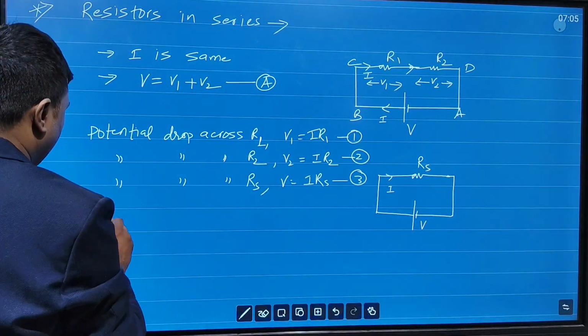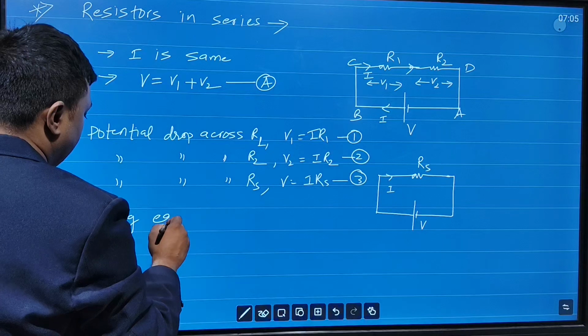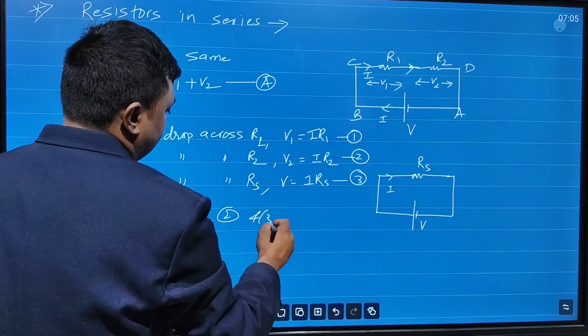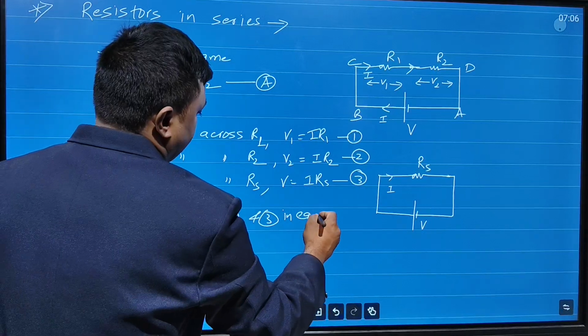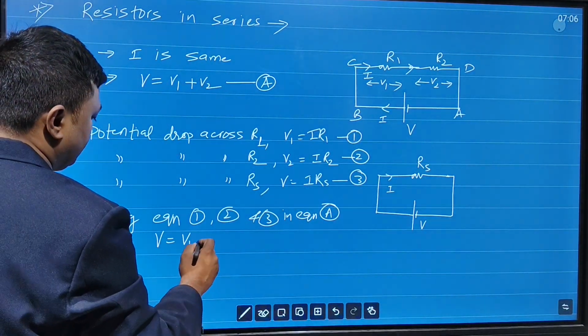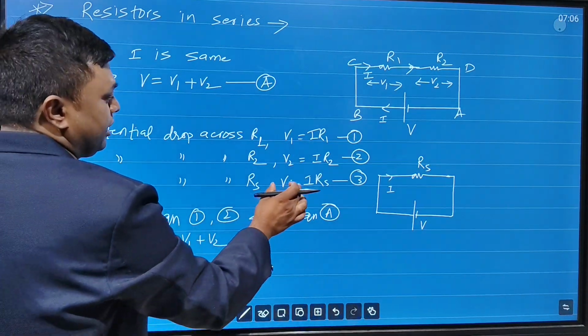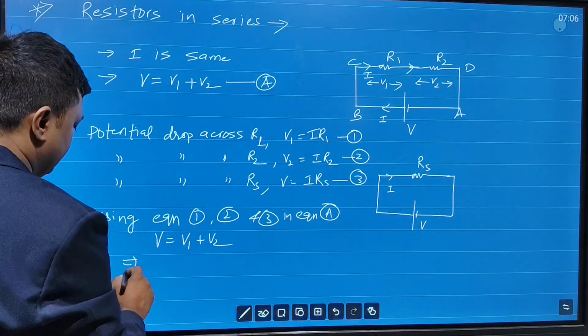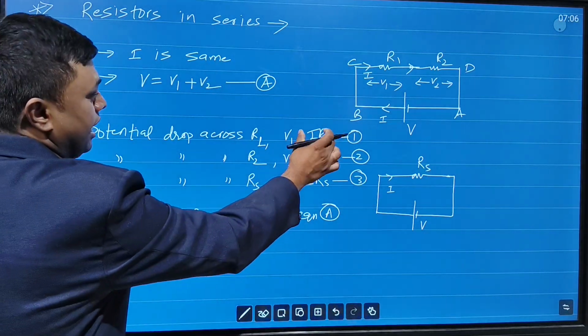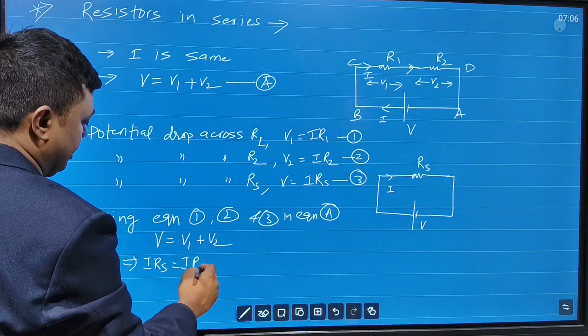Now what we are going to do, we are going to substitute equations 1, 2, 3 in equation A. What is equation A? V is equal to V1 plus V2. What is V here? V is equal to I into RS. What is V1? V1 is nothing but I into R1.